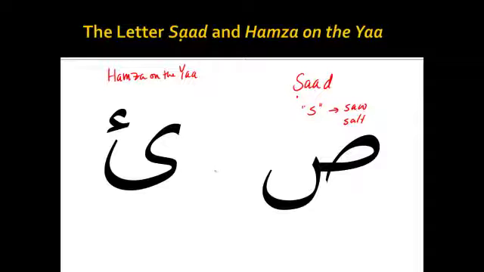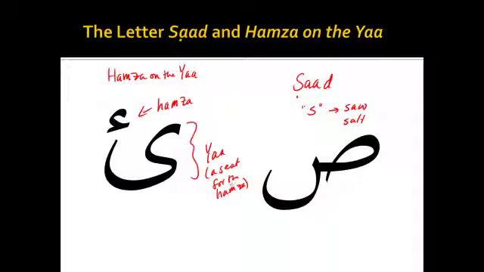So the Hamza on the Ya is a Hamza on a Ya. And the Ya is a seat for the Hamza, just like we have the Alif Hamza, in which the Alif is a seat for the Hamza, and the Hamza on the Waw, in which the Waw is a seat for the Hamza as well.